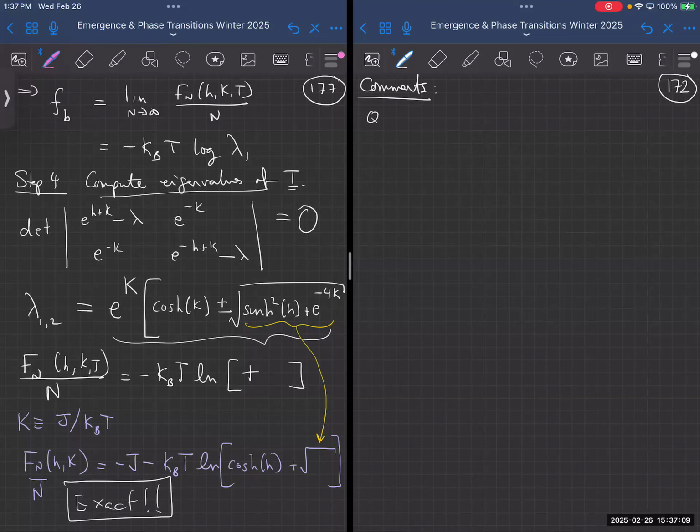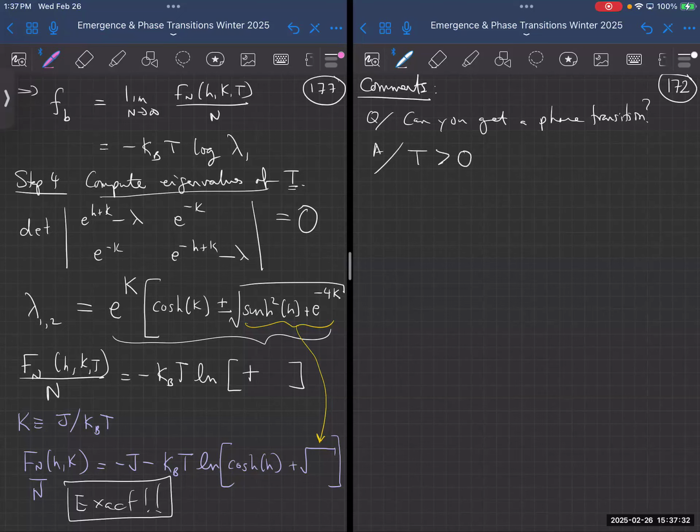The first question that you can ask is, can you get a phase transition this way? So the answer is no.